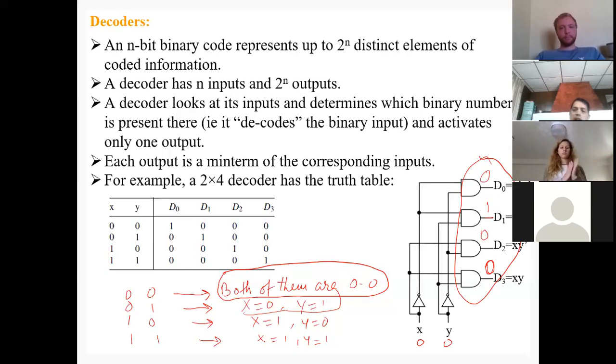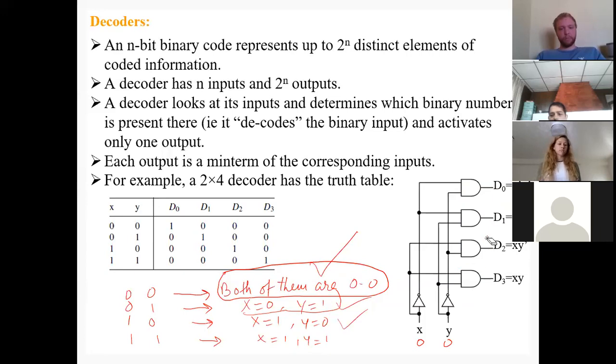So let me summarize here. If this guy is 1, everything else 0, it means both of them are 0. If this guy is 1, everything else is 0, then X is 0, Y is 1. That's the language. If this guy is 1, rest is 0, then X is 1, Y is 0.